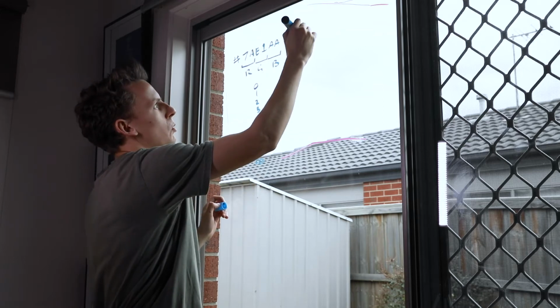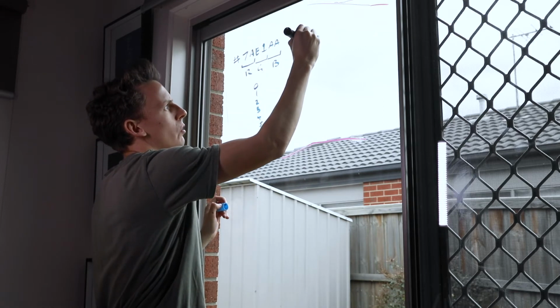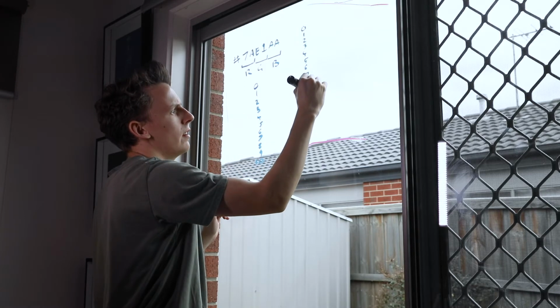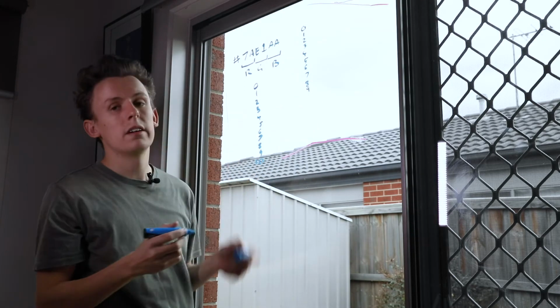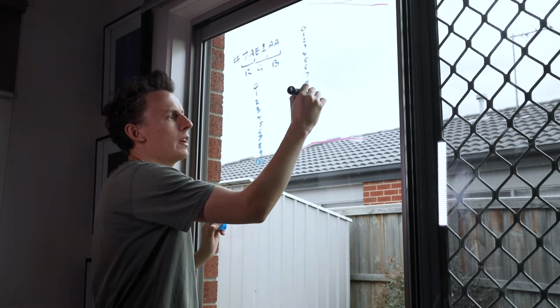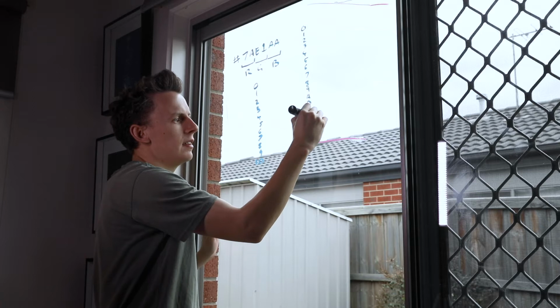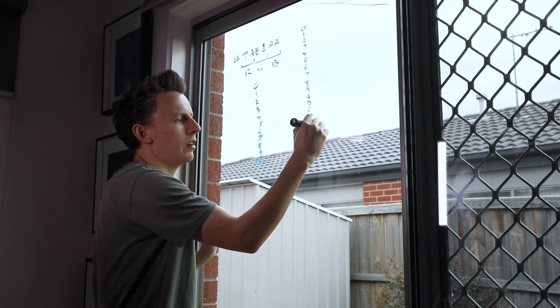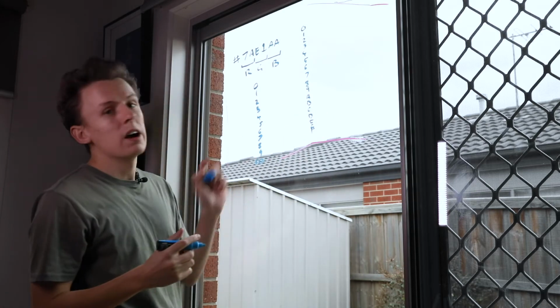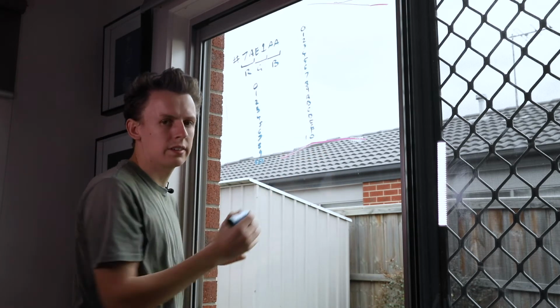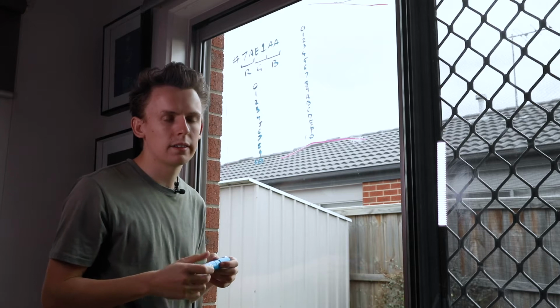Binary is a base 2 counting system. In hexadecimal, we have 0, 1, 2, 3, 4, 5, 6, 7, 8, 9. But when we get to 9, we still have 6 characters to go, and that's where we get to the alphabet. Instead of numbers, we go A, B, C, D, E, F. Now we've run out of characters, so now we would have to do 0, 1. So this is 16 in a base 16 counting system.